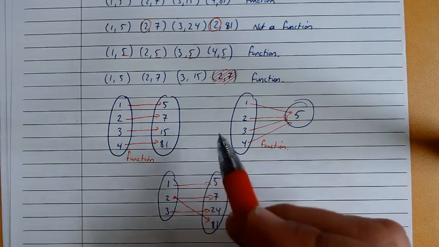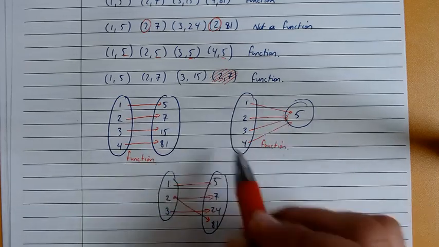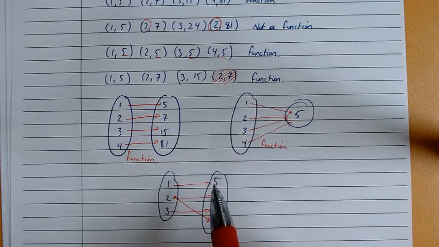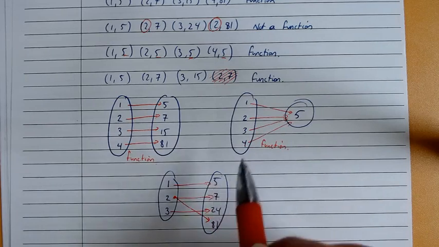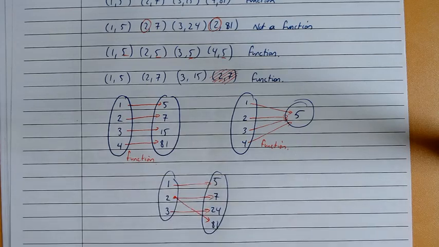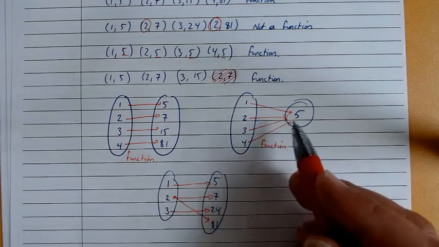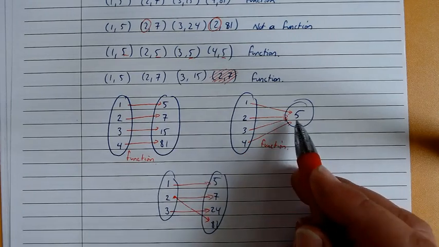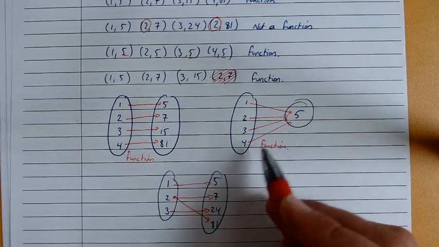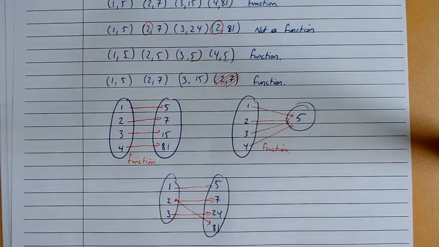Let's say I asked you for this function, let's say my first entry is the number 4. What's your second entry? Well, it's got to be the number 5. Did you have a choice about that? Well, no, you didn't. There's no choice here. There's a single second entry that has to be associated to this first entry. There's no other option. There's one and only one correct answer.